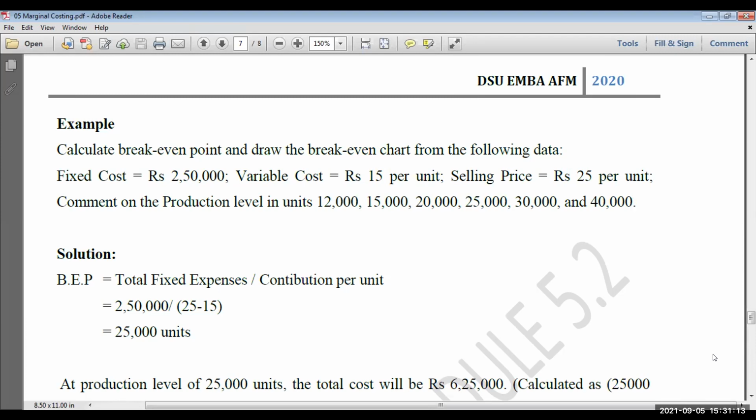How many units should I sell to reach the break-even point? 25,000 units, sir. That's what we already calculated. Now my question is, what is the amount of sales? What is the amount of given sales? That's the question.